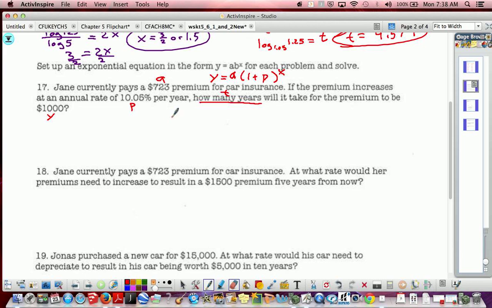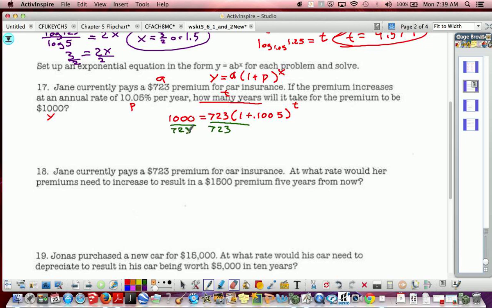So now it's just a matter of plugging in those values and solving. 1,000 equals 723(1 plus 0.1005) to the T power. So the first thing you should do is divide both sides by 723.